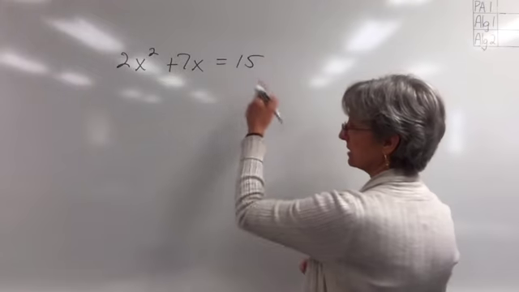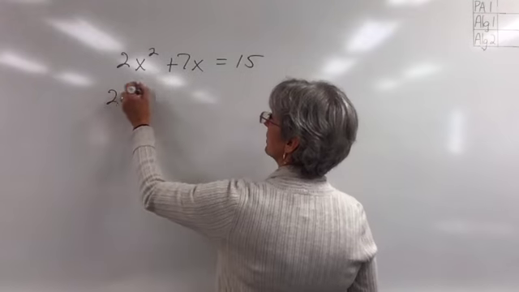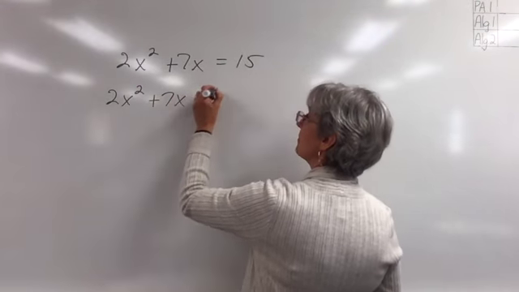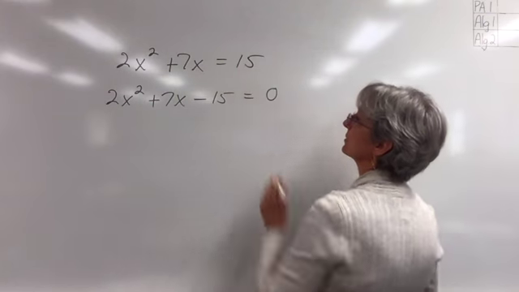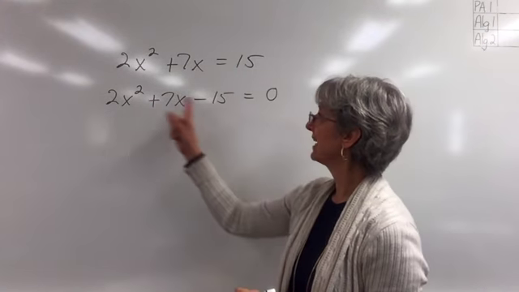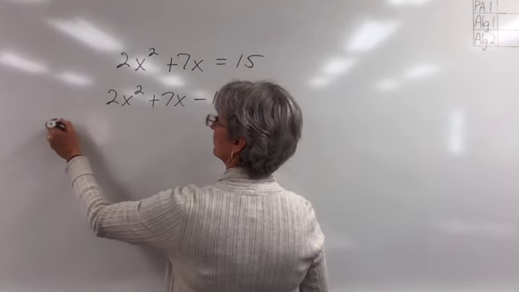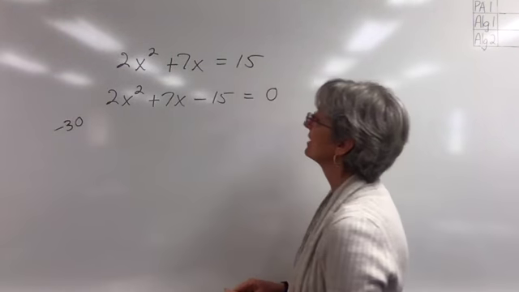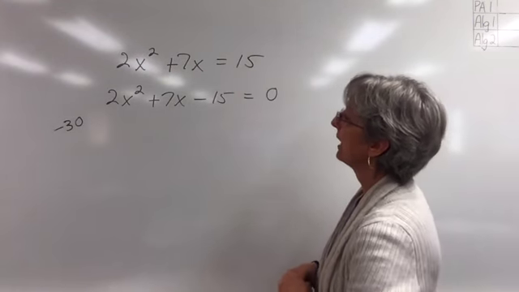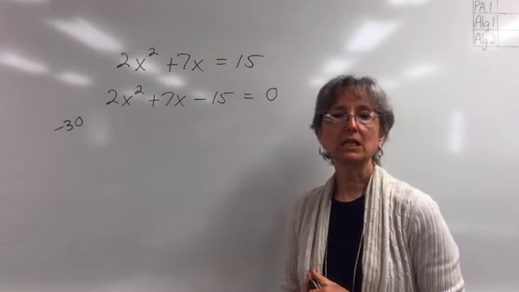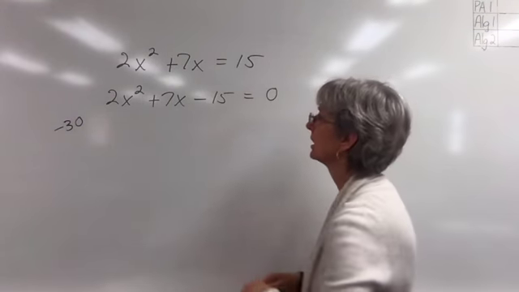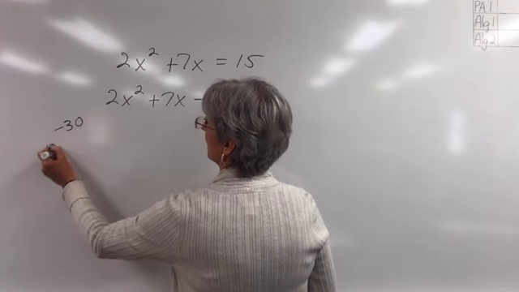So we're going to set this equal to 0. 2x squared plus 7x minus 15 equals 0. I'm going to multiply these. I get -30. Factors of -30 that add up to be +7 would be 10 and -3.